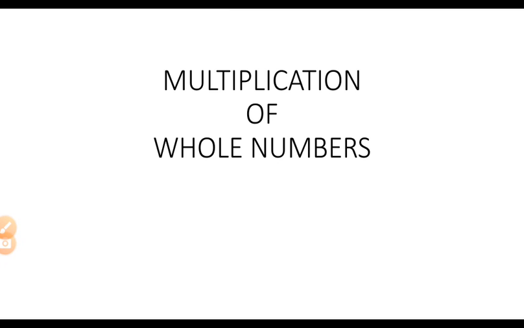So what that means is, if I say 2 times 3, it does the same thing as 2 plus 2 plus 2. So 2 times 3 is adding 2 in 3 places. That gives 6. So 2 times 3 is 6.